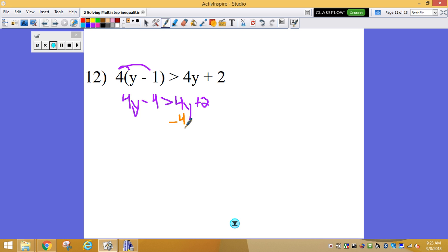So I'm going to do minus 4y and minus 4y. 4 minus 4 is nothing. So I have negative 4 is greater than 2. Is that true? Is negative 4 bigger than 2? No. If it's not true, your answer is no solution.